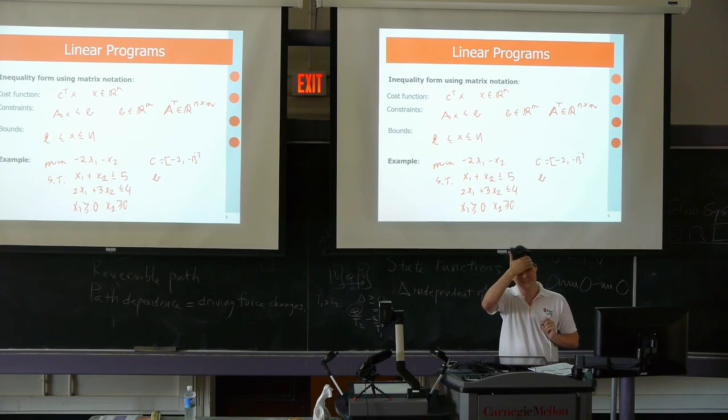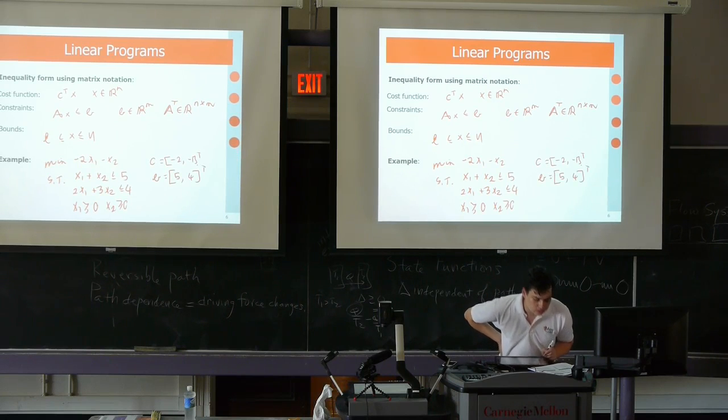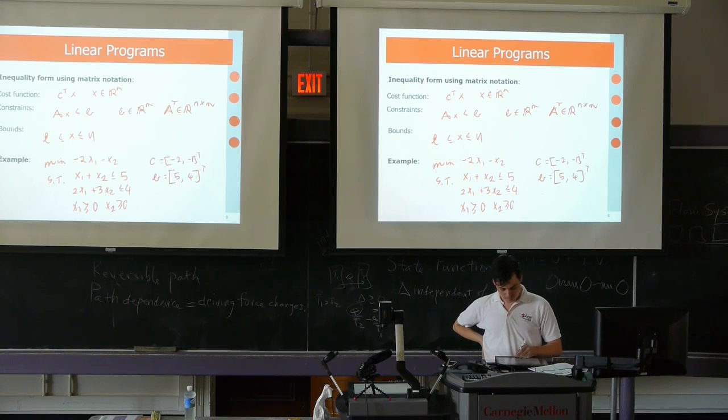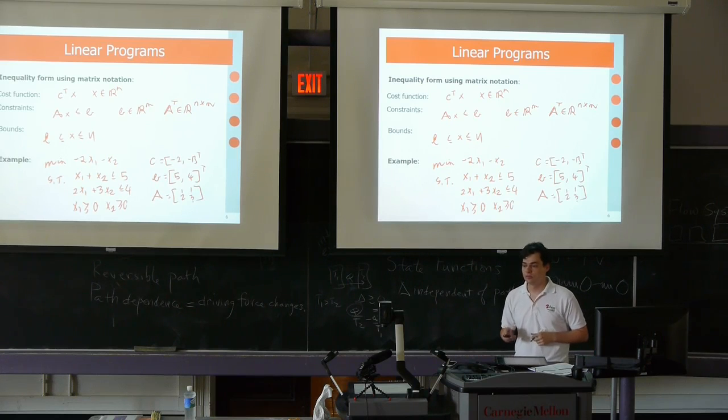Vector B transpose. And matrix A. I cannot hear you well, sorry. 1, 1, 2, 3. Cool. So we know this.